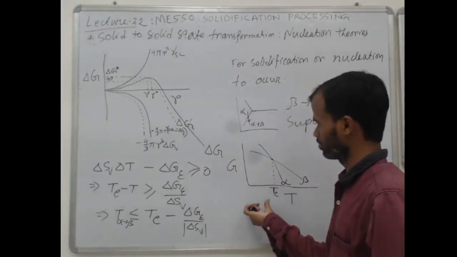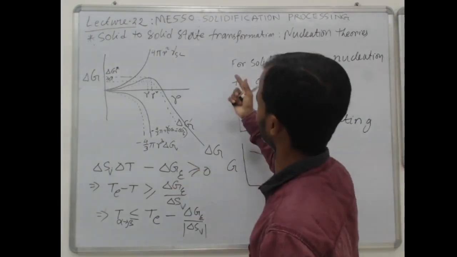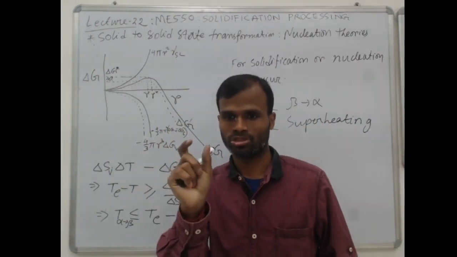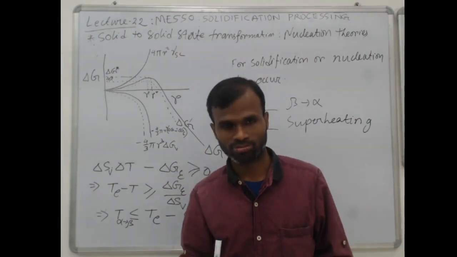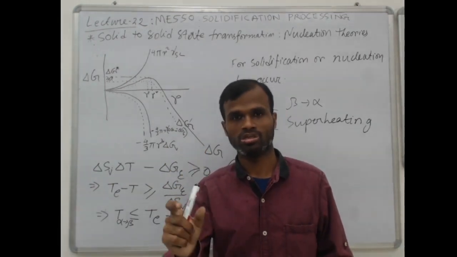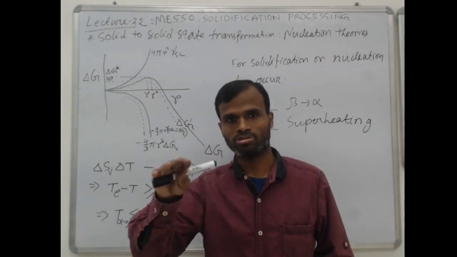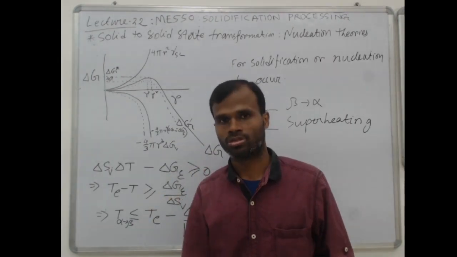Not only the driving force, the overall free energy that we wrote in the equation, which is the summation of volume free energy, surface free energy and the elastic strain energy, this overall free energy has to decrease.